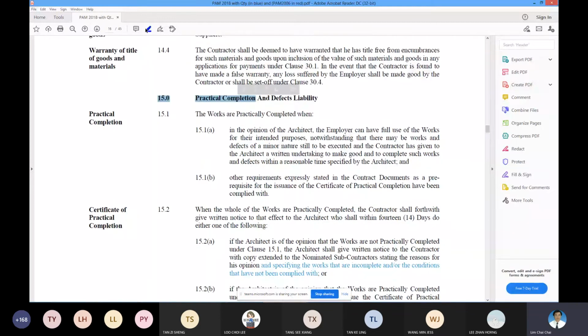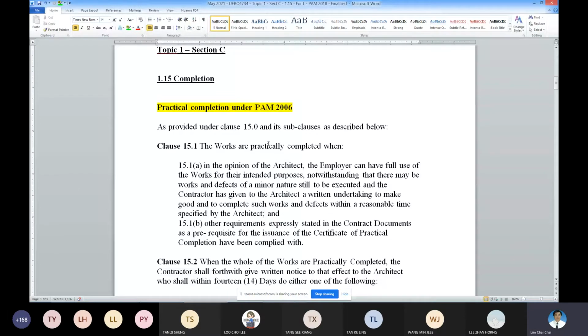So clause 15 is the main clause and subclauses related to completion. What you need to do is important. You read this one, you may not understand. So please remember, I will let you know what are the steps needed and what are the things that are done that you cannot see from this description.